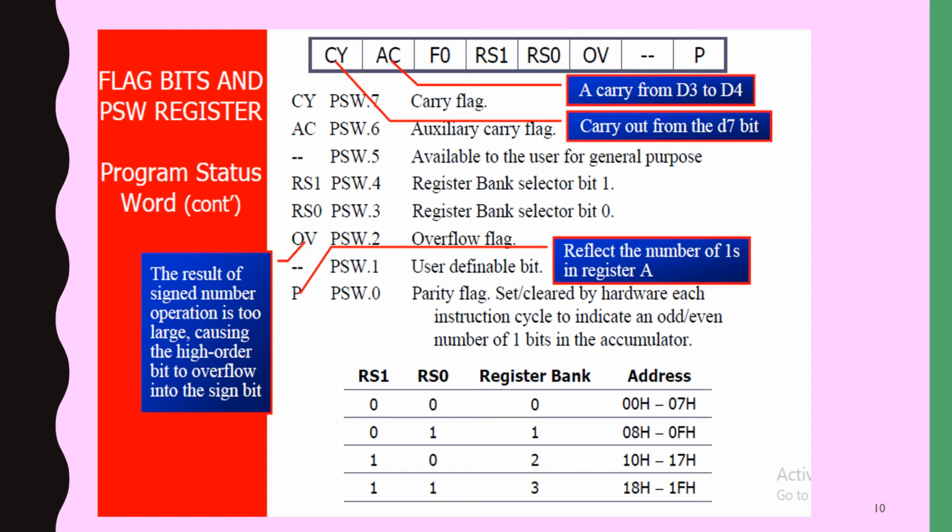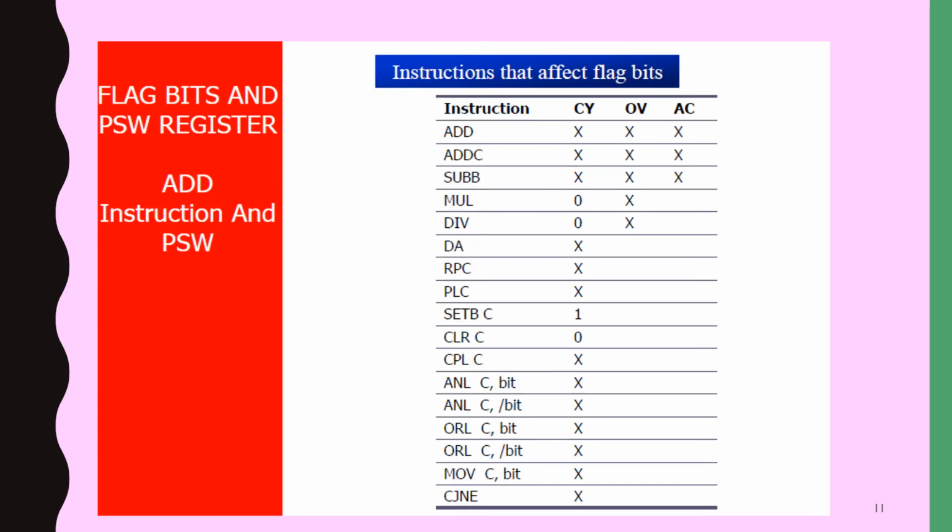The parity flag reflects the number of ones in register A. Carry from D3 to D4 is the auxiliary carry, and carry out from the D7 bit is CY. So as far as the flag register is considered, this is the status.